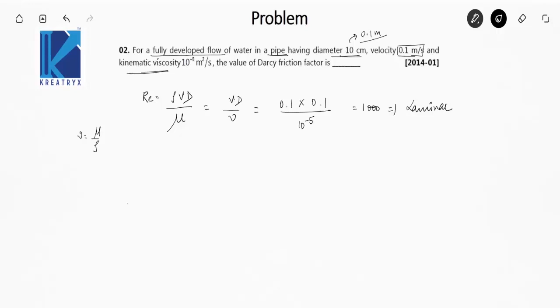So Reynolds number is 1000, that means the flow is definitely laminar. So for laminar flow, Darcy's friction factor f is equal to 64 by Re. So 64 by 1000, that is 0.064 is the answer.